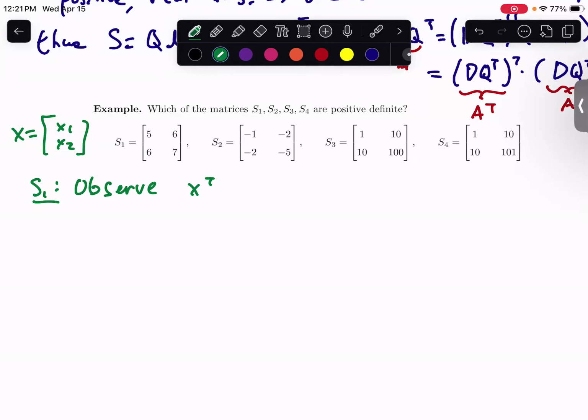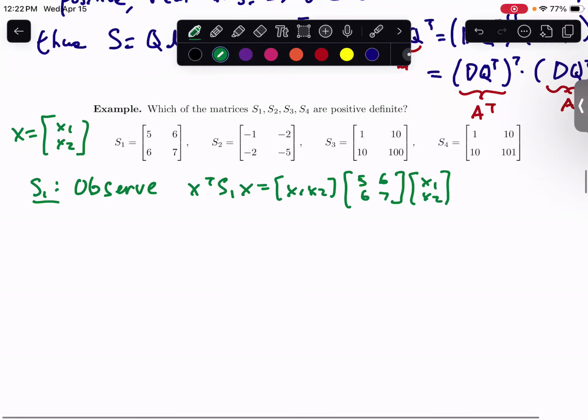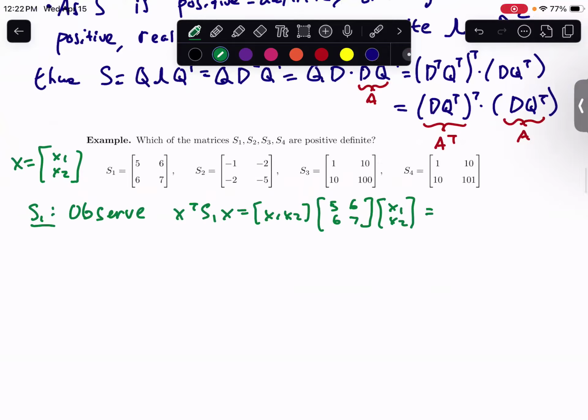And so if I do X transposed times S1 times X, it would be equal to the following. You would get X1, X2, then the matrix 5, 6, 6, 7, and then X1, X2. And so if you go through with this matrix product, you end up getting various polynomials.